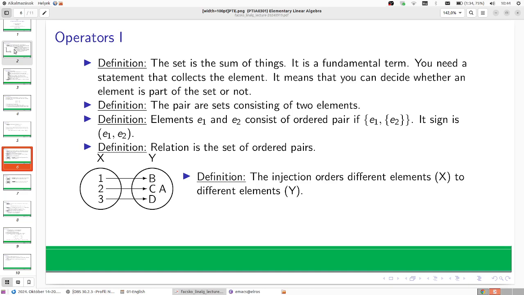If you have a set of ordered pairs, that's a relation, at least how I learned it.